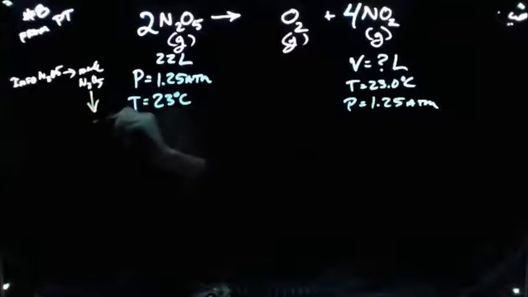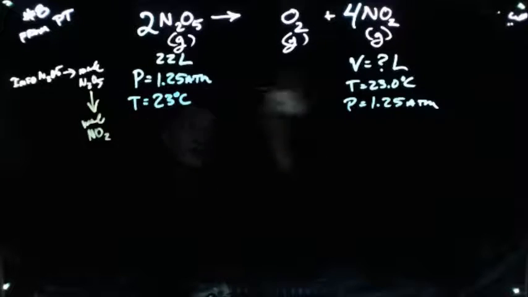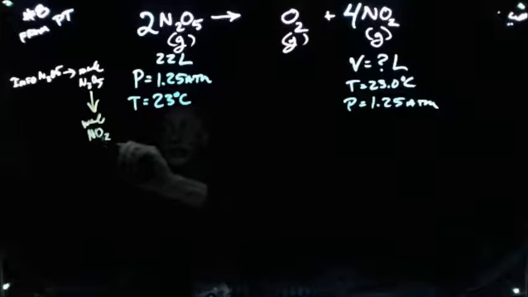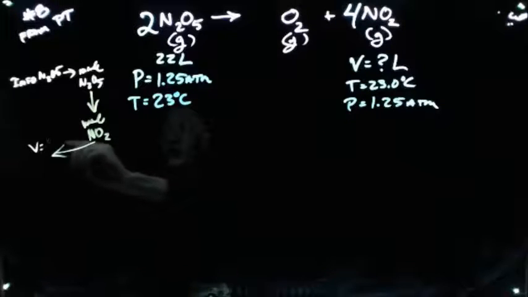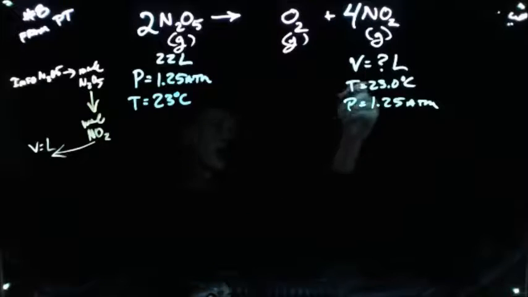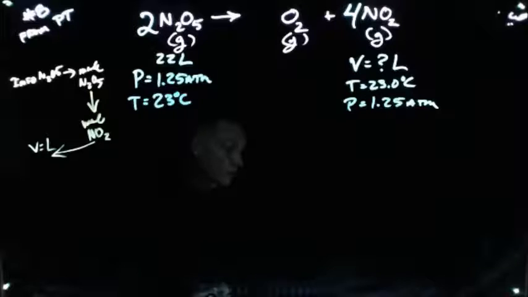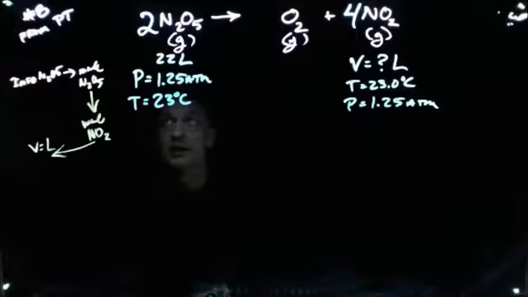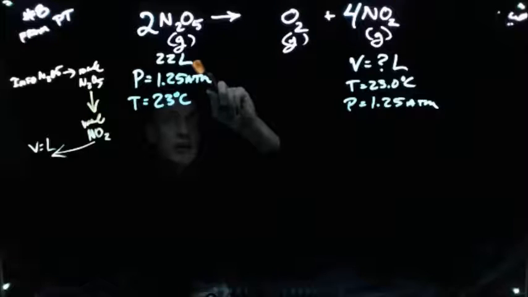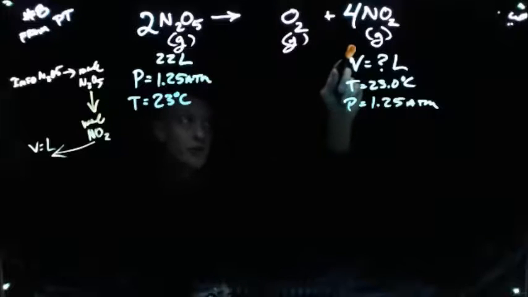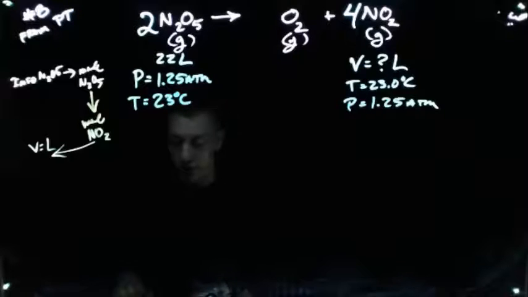So then we can find moles of NO2, and then I want to find liters of NO2. So I can take moles and go to volume in liters if I have the pressure and the temperature, which I do. So pretty typical stoichiometry problem, and that's how you're going to approach it. First we need to find moles of N2O5, so we can then find moles of NO2, and then we can ultimately find liters of NO2.